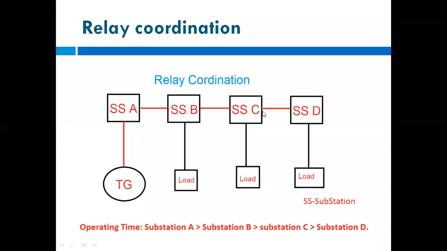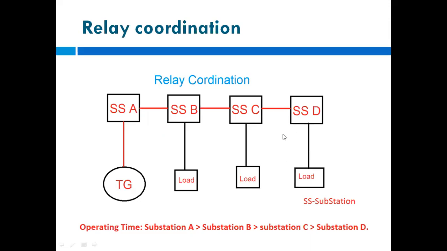If this relay fails to operate, suppose its time is set at 0.5 second, and for the relay between B and C the time is set at 1 second. So if the relay between C and D fails to operate, then the relay between B and C should operate, because when the fault is occurring between C and D, the power supply of this section gets disconnected.